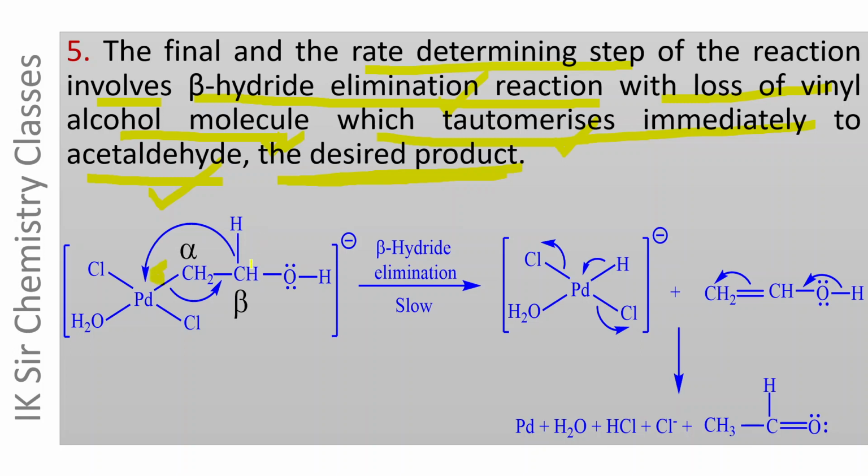This CH bond, this hydrogen atom of beta carbon atom is transferred to palladium atom along with the electron pair. It means beta hydride elimination reaction takes place. Hydride ion from the beta carbon atom is transferred to palladium atom. This is a slow and rate determining step of the process.